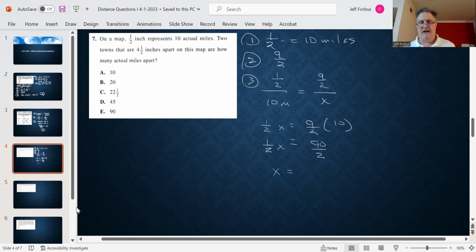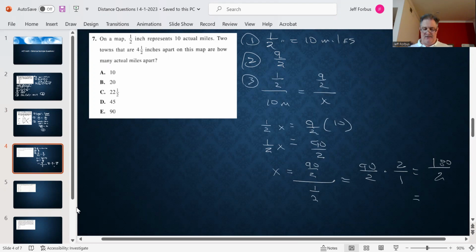Remember, when you divide by a fraction, you multiply by the reciprocal. So that's going to be 90/2 times 2 over 1, and that's going to be 180 divided by 2. 180 divided by 2 is 90. So we are 90 miles apart. And that's going to be answer choice E.